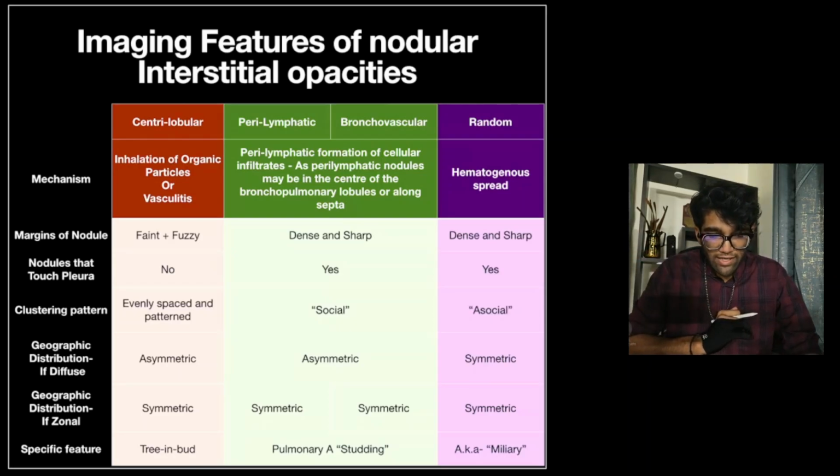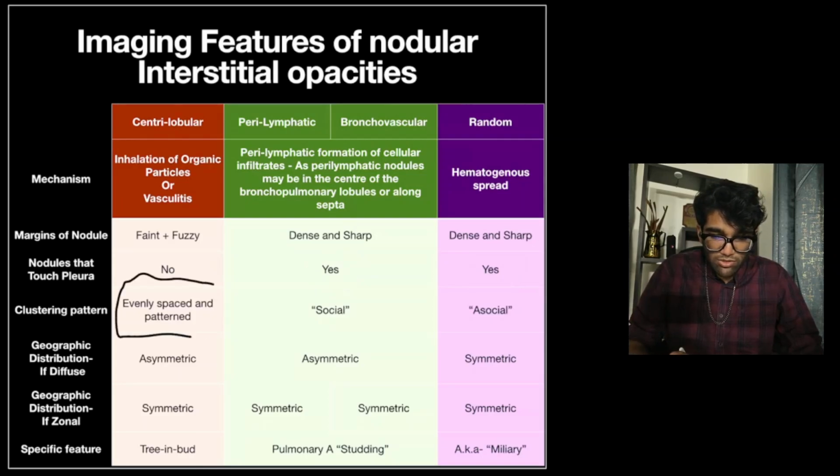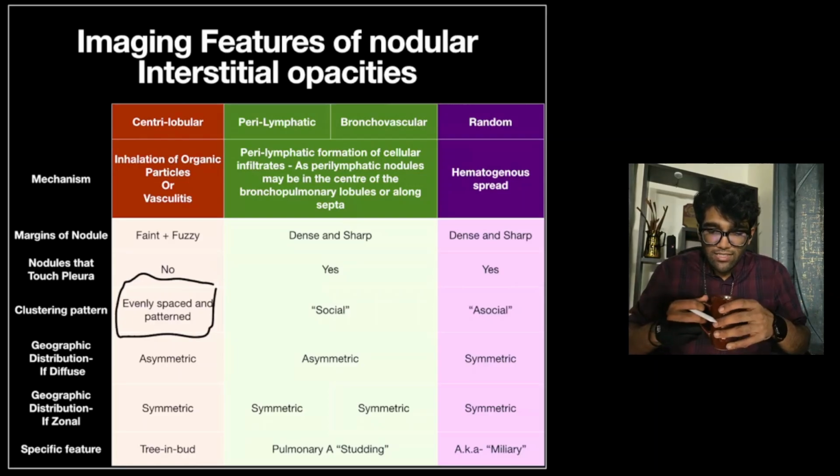So what we find is that nodules touch the pleura in the case of perilymphatic and random. In random nodules, they might touch the pleura, they need not. The important way to differentiate them is that centrilobular nodules are very evenly spaced, almost like a recurring pattern, whereas your perilymphatic nodules almost want to talk to each other, so they are social.